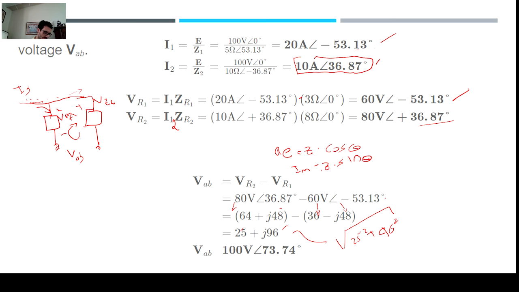Let's do that. 25 squared plus 96 squared gives 99.20. So the actual voltage is 99.2.